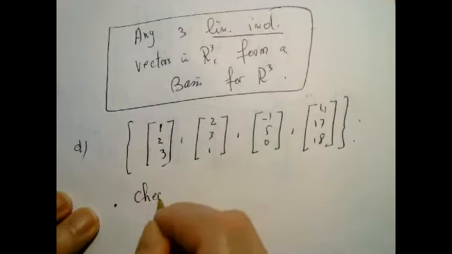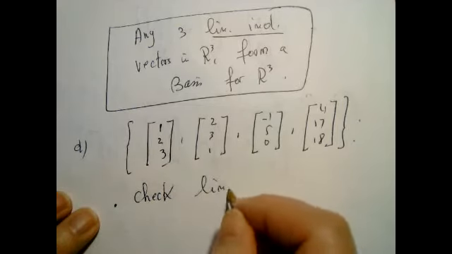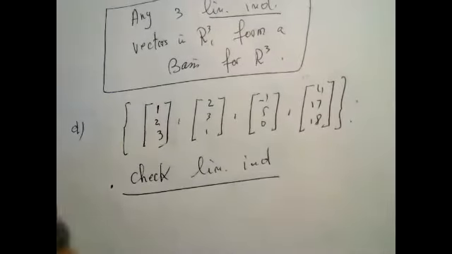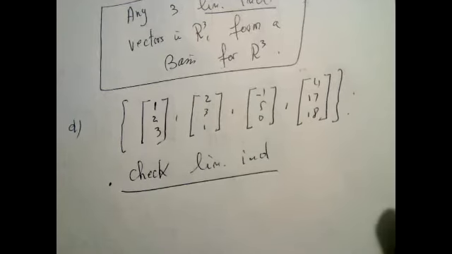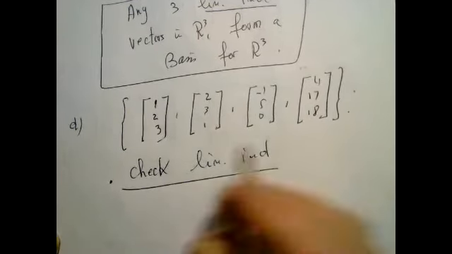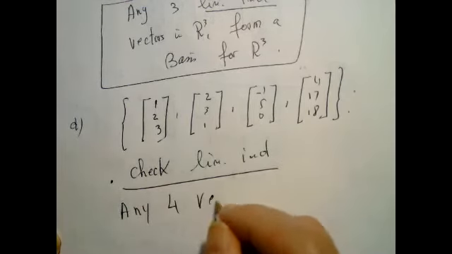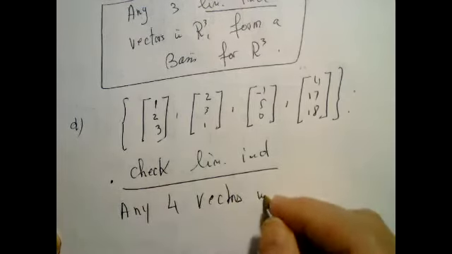So always linear independence. And for the same reason that three vectors in R2 are linearly dependent, four vectors in R3 will necessarily be linearly dependent, because algebraically it fails.